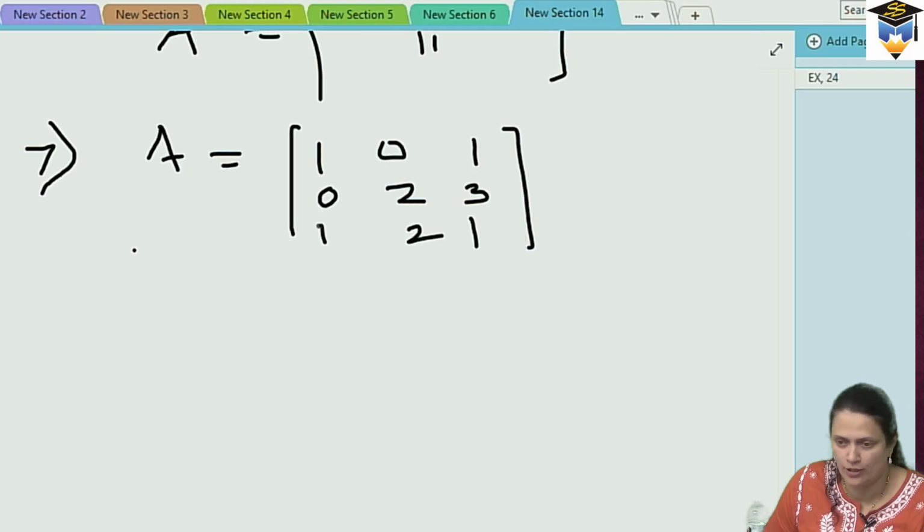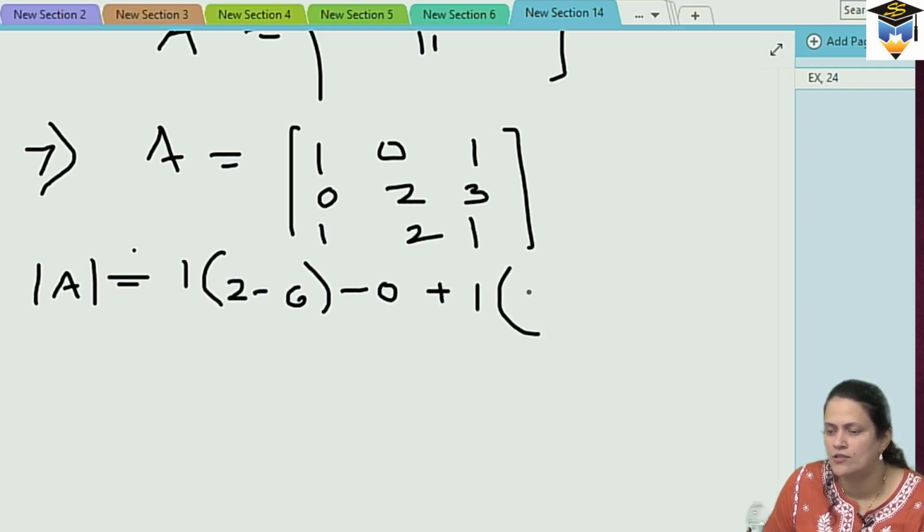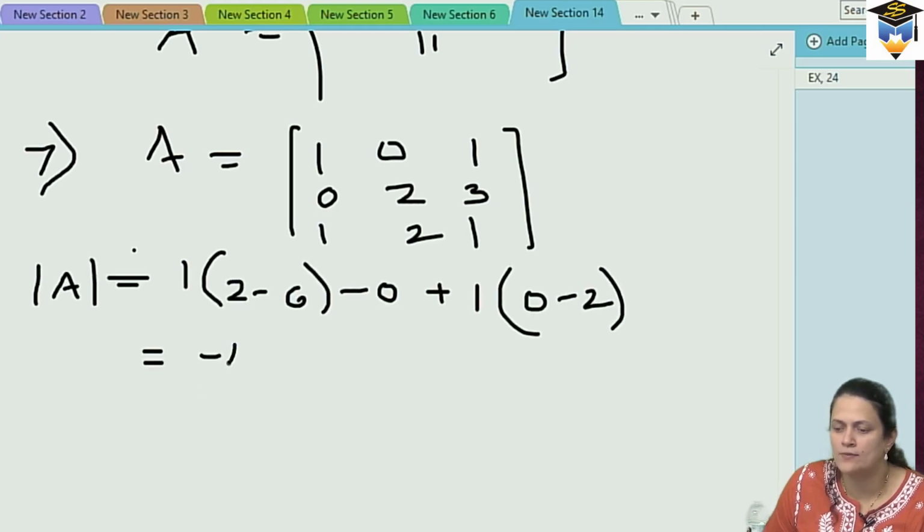So first step, find out determinant of A. So 1 into bracket 2 minus 6, minus 0, plus 1 into bracket 0 minus 2. This is minus 4 minus 2, which is minus 6, which is not equal to 0. Therefore, A inverse exists.